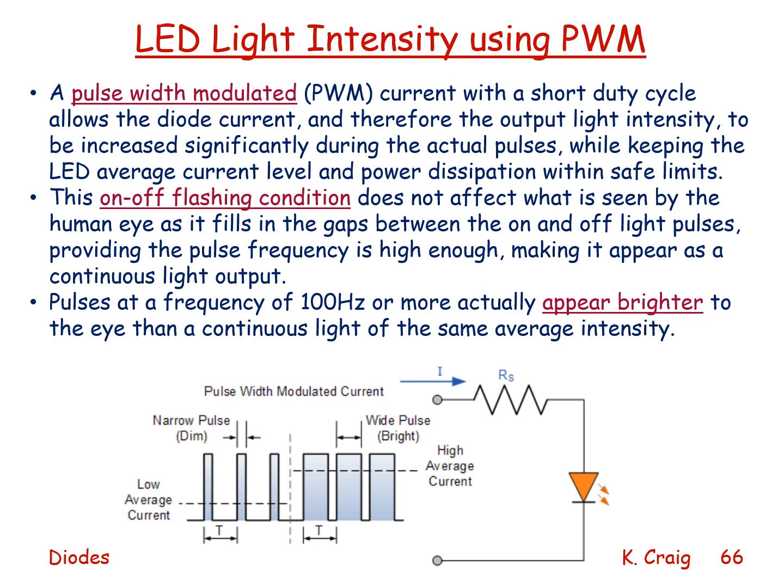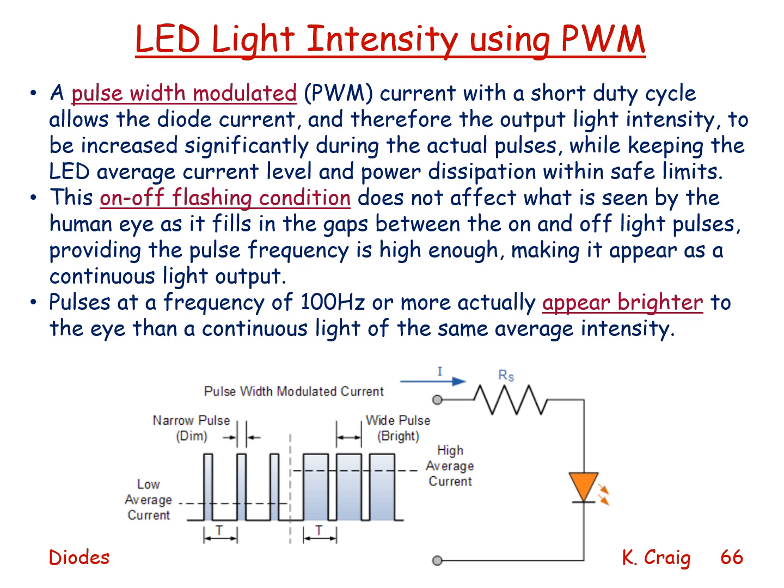LED light intensity using pulse width modulation. We have a module in this series on pulse width modulation. A pulse width modulated or PWM current with a short duty cycle allows the diode current, and therefore the output light intensity, to be increased significantly during the actual pulses while keeping the LED average current level and power dissipation within safe limits.